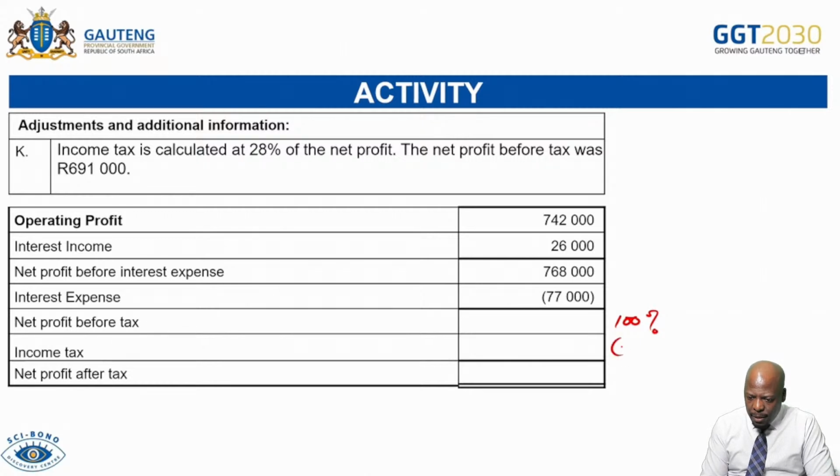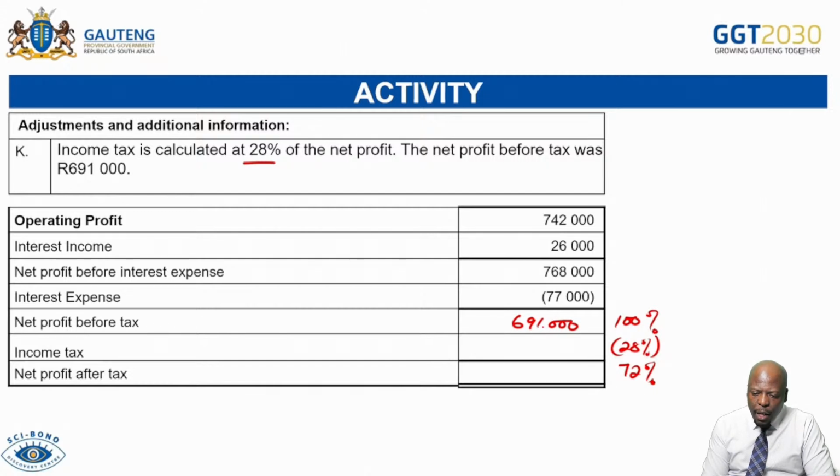My income tax is 28%. And my net profit after tax is 72%. And we're told that income tax is calculated at 28% of the net profit. The net profit before tax was 691,000. So I'll come here, it's 691,000. That is my net profit before tax.